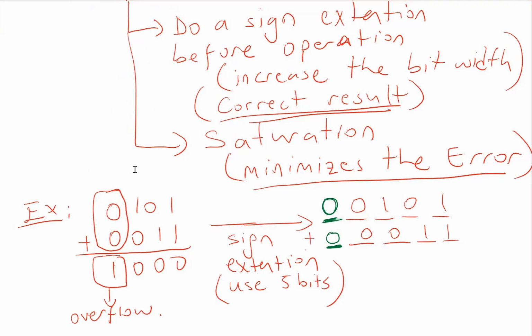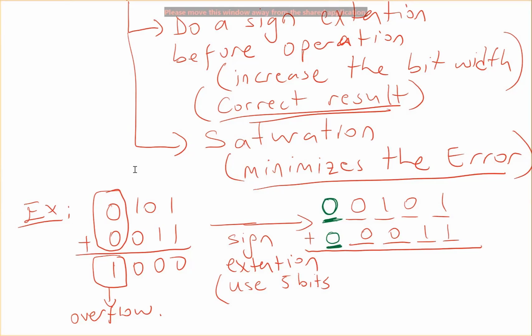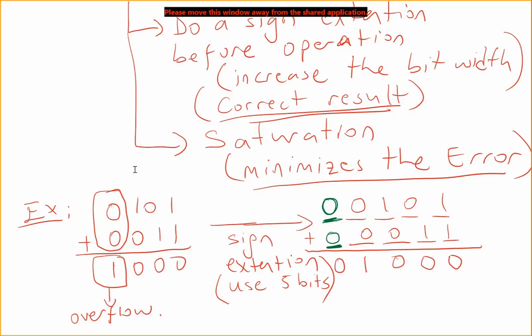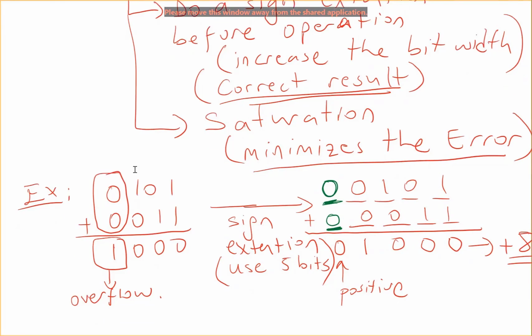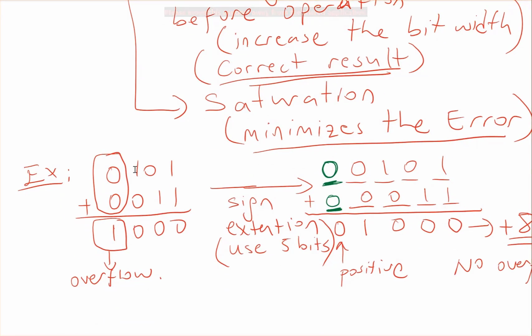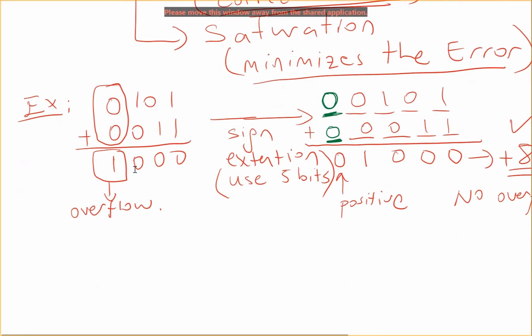Now if you do the addition, this is 0, 1, 0, 0, 0. Now this is positive, so this number is plus 8, right? So no overflow, and our result is correct. By using this sign extension method, I can avoid overflow, so that I make sure my range for my representation is big enough for all my operations.